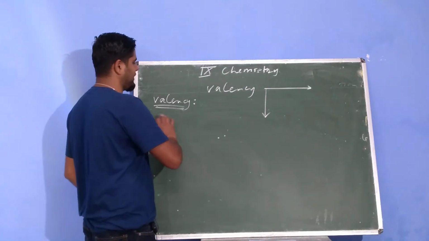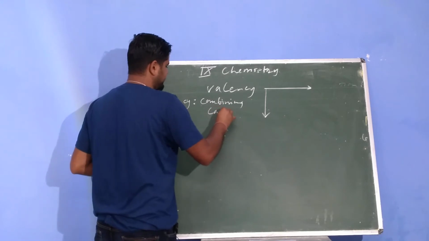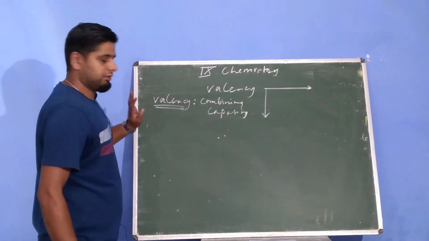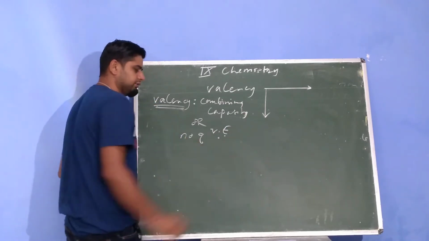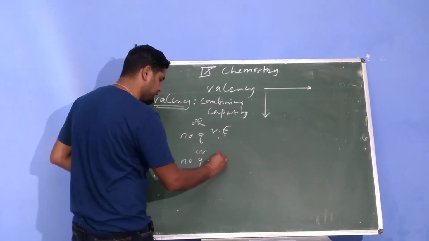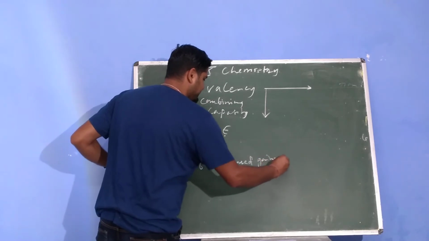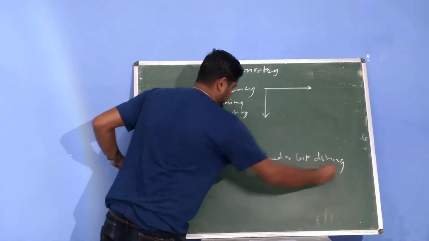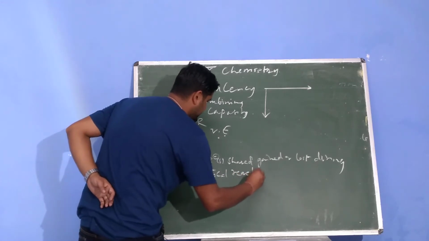In so many ways you can define valency: combining capacity, or number of valence electrons, or number of electrons shared, gained or lost during a chemical reaction.